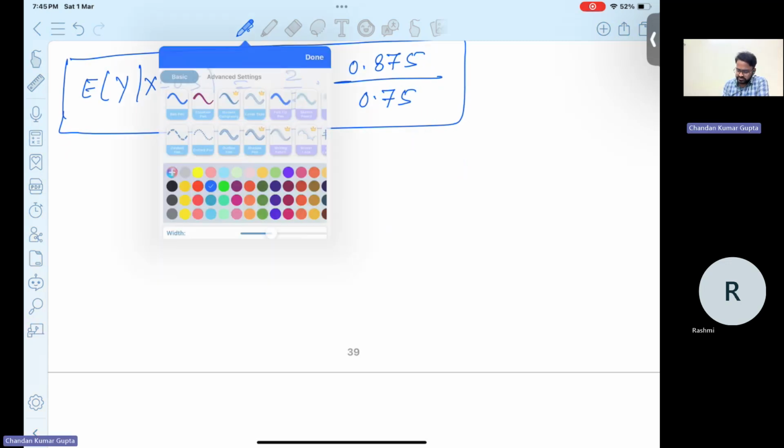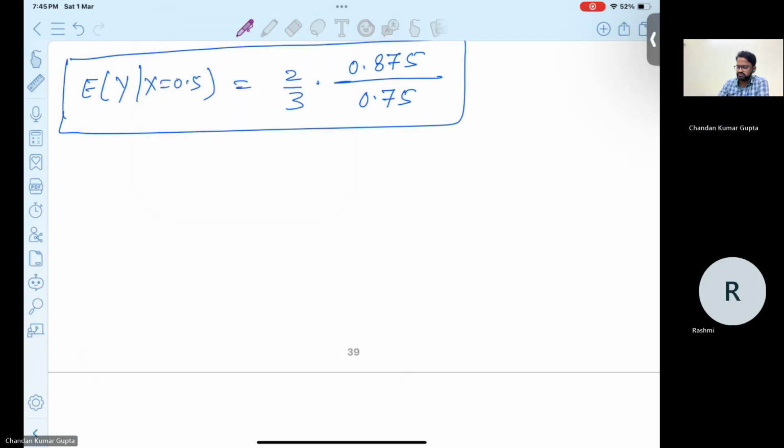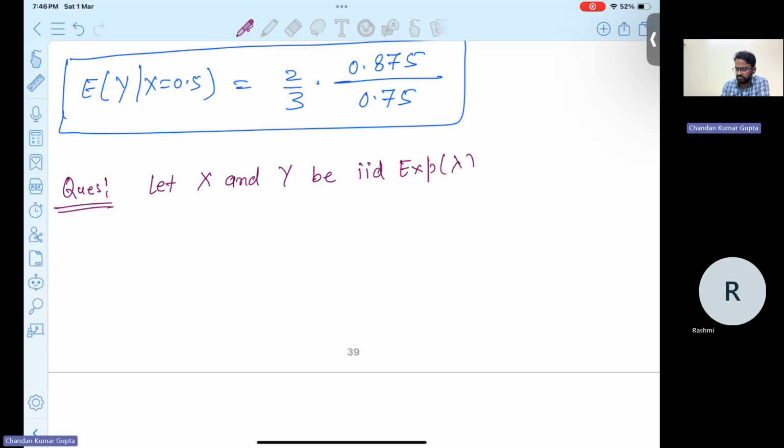Let's discuss one more question. The question is, let x and y be IID distributed with exponential lambda distribution.